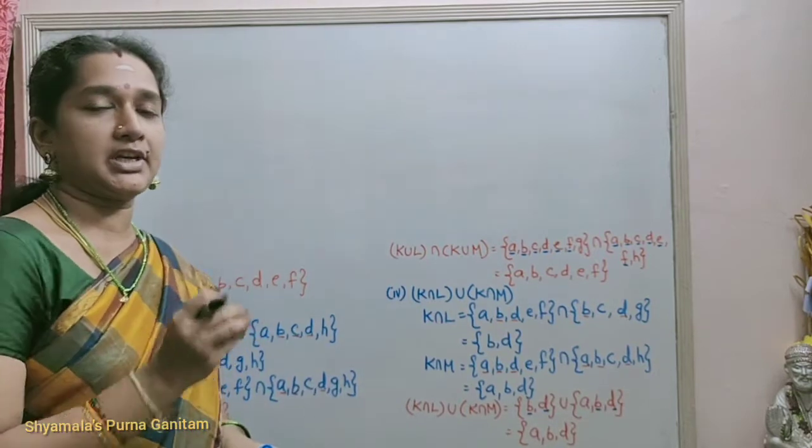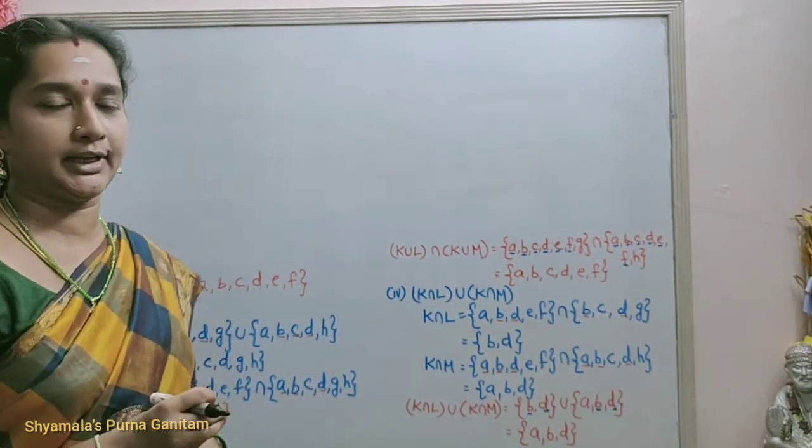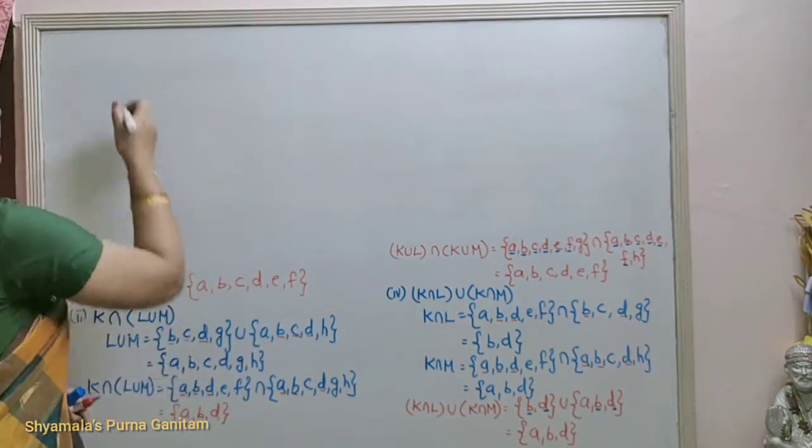The fifth one is we are asked to verify the distributive property. So what is distributive property?